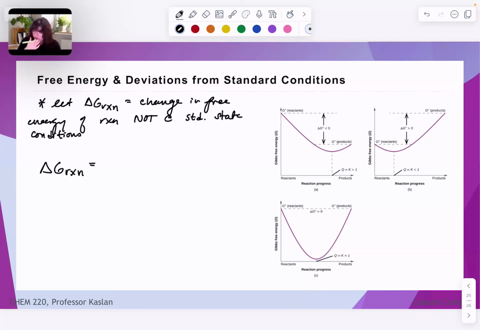So our change in free energy not at standard state conditions is equal to whatever our standard state value was, just at standard state, plus RT ln Q.